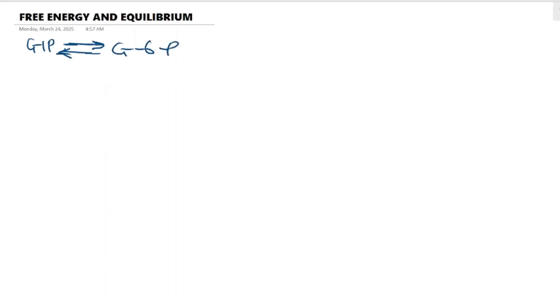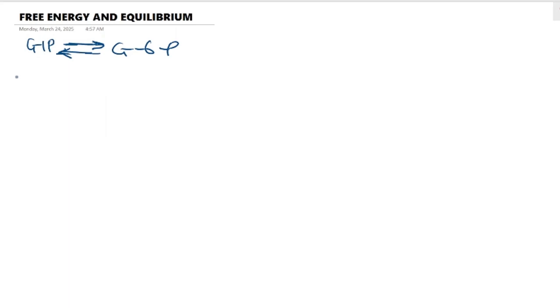So we are going to have an initial concentration, we are going to have a change in concentration, and we are going to have an equilibrium constant, which is what we are concerned about ultimately.